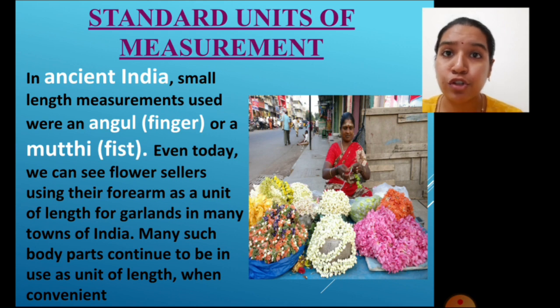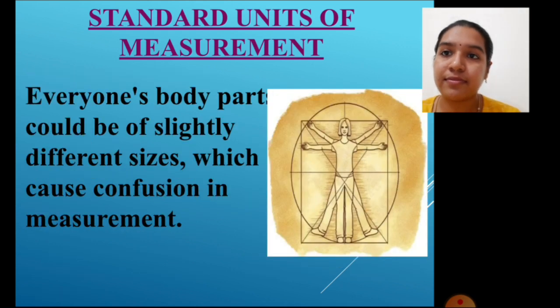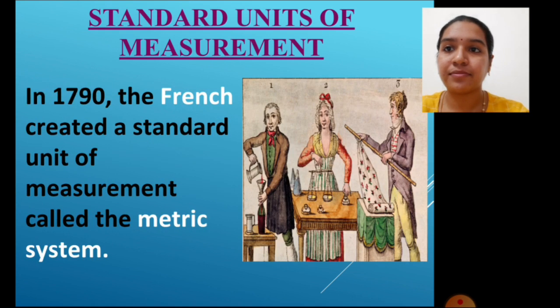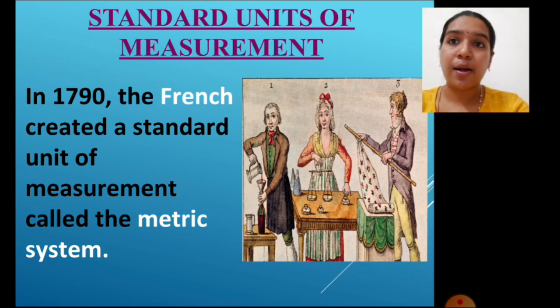They even use cubits. But all these measurements are based on body parts, which differ from one person to another. So they cannot be the standard or constant units for measurement. Then the French discovered the metric system of measurement.